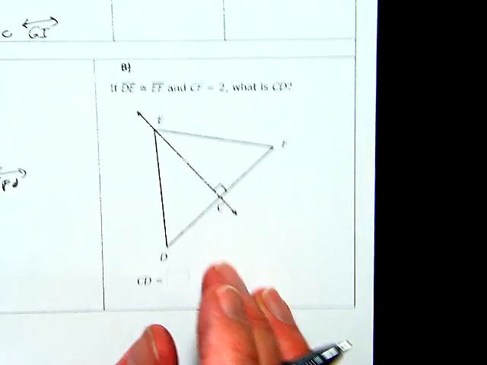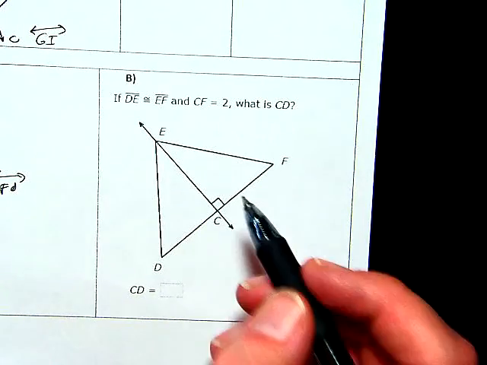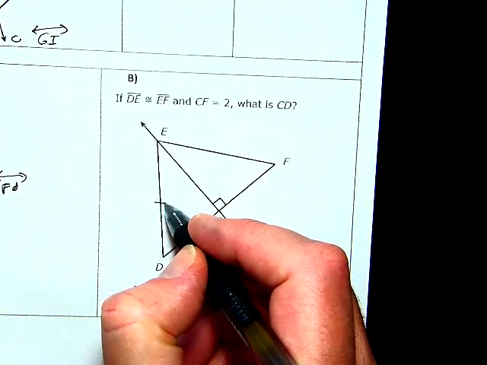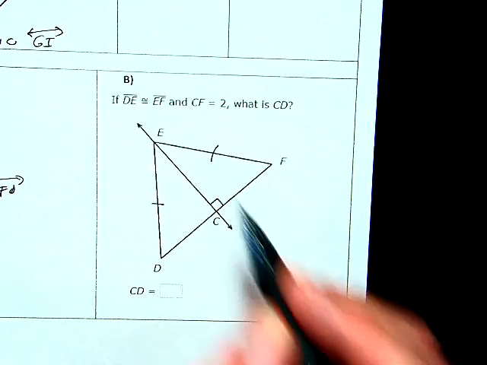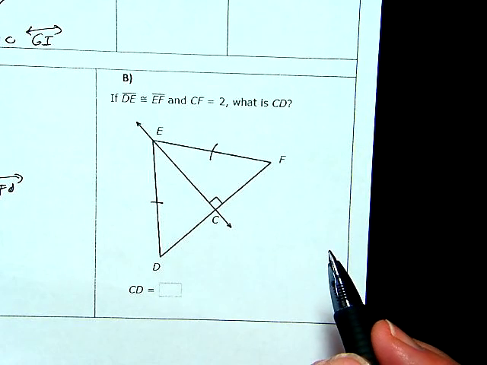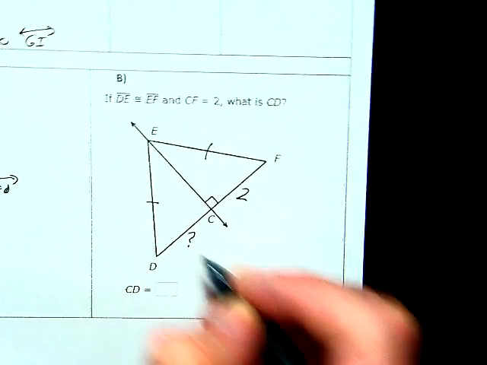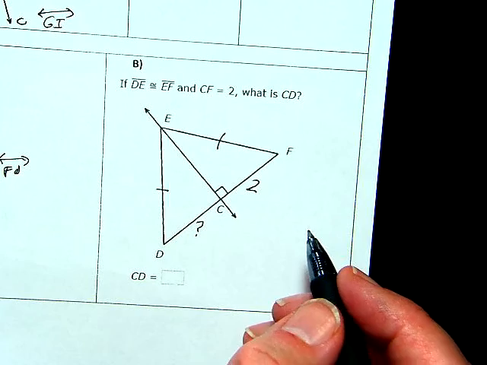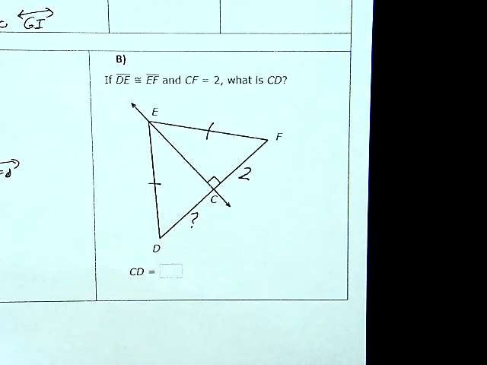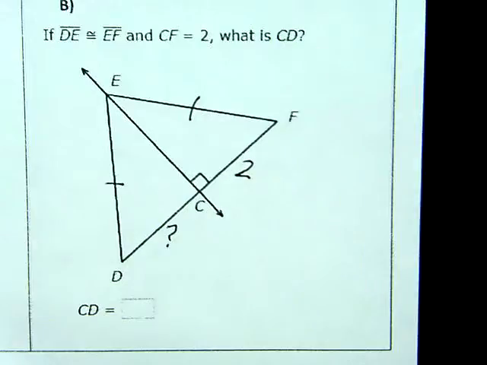Going over to B, we're given that DE is congruent to EF, so I'll make a little mark for that. We're told CF is equal to 2, and we need to find out what CD is. Well, can we use directly the perpendicular bisector theorem here? Well, we know it's perpendicular.